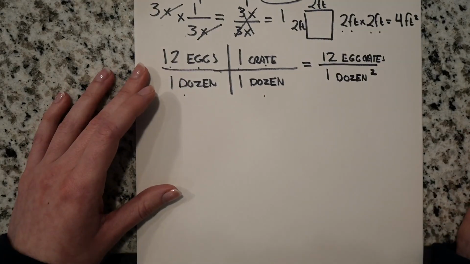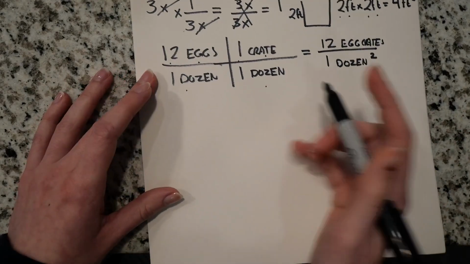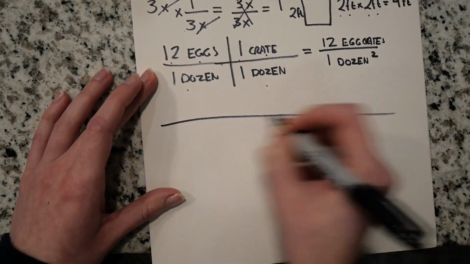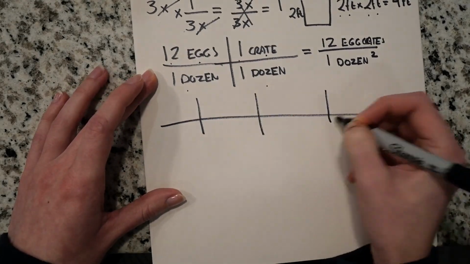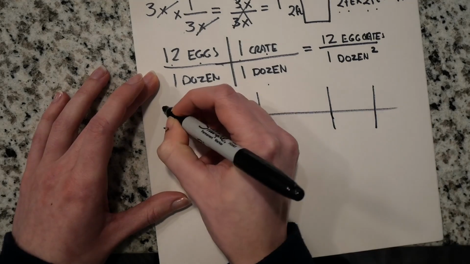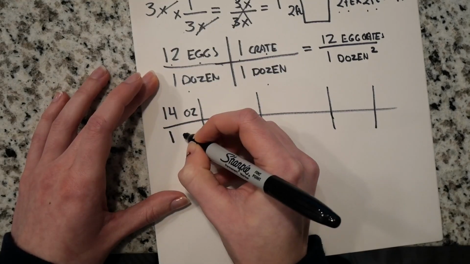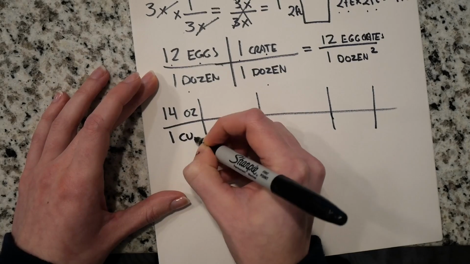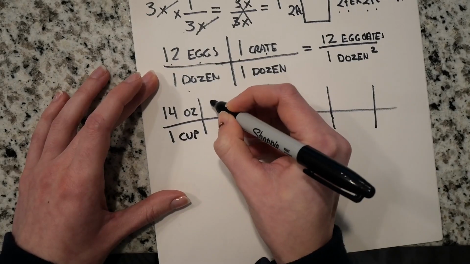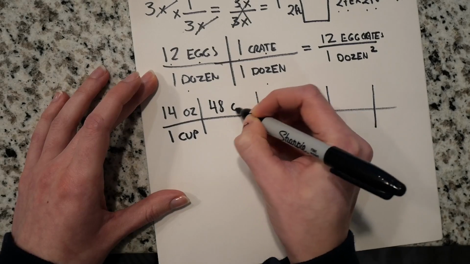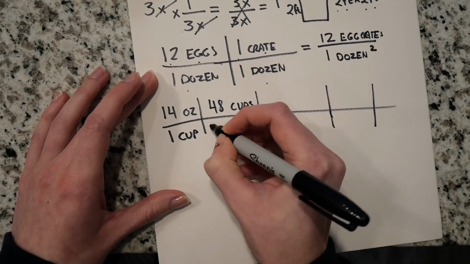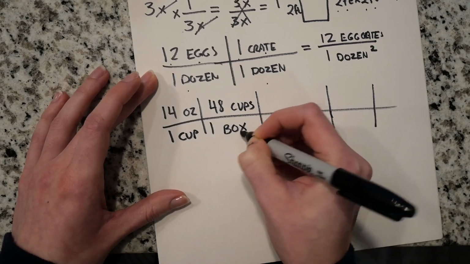And finally, let's talk about more how I've been finding these answers. So let's do another example problem. Let's say I have 14 ounces of pudding per 1 pudding cup. I've got 48 cups of pudding in 1 box.